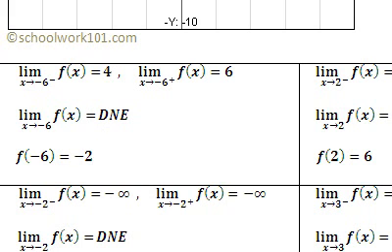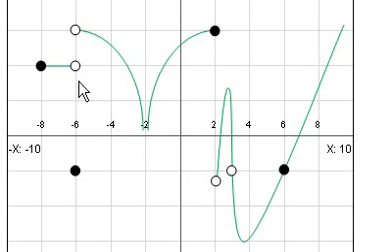But let's look at the graph so you can get a better idea of what this f of x is. I've just got it graphed out. Here's -6 right here, and so we're finding the limit as x approaches -6. Now remember, coming in from the left-hand side it was 4.